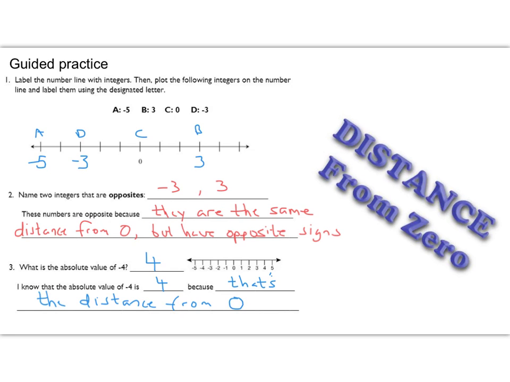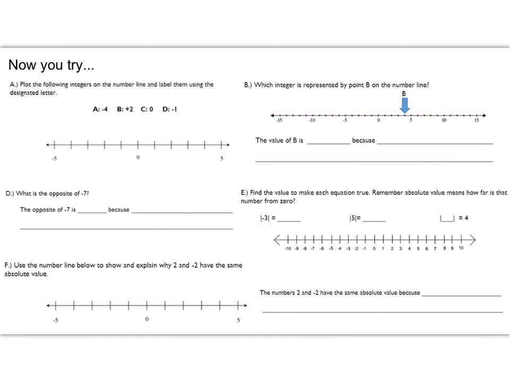All right, so turn to the next page and complete these problems. I know they're kind of scattered here. You have questions A, B, there is no C. You have D and E, and then F is all along the bottom. So pause the video and work on these, and then come back and check your answers.